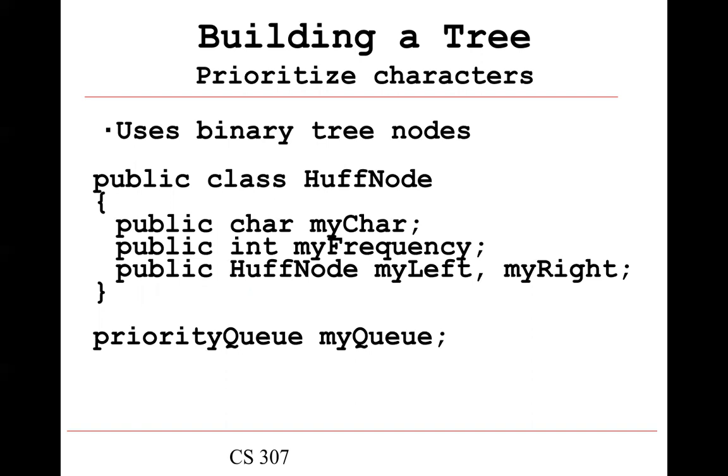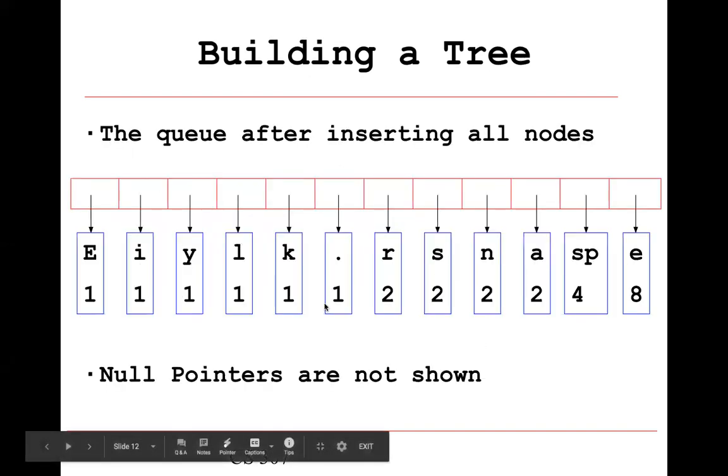We have this Huffman tree node, and it has 3 or 4 fields. The first is a character. The real characters are our leaf nodes, and the non-leaf nodes only contain the frequency. Later, I will show how it looks. Of course, the node has left and right children.